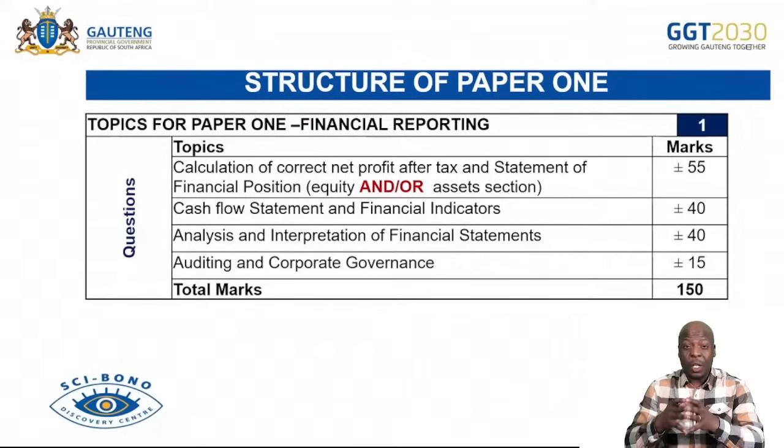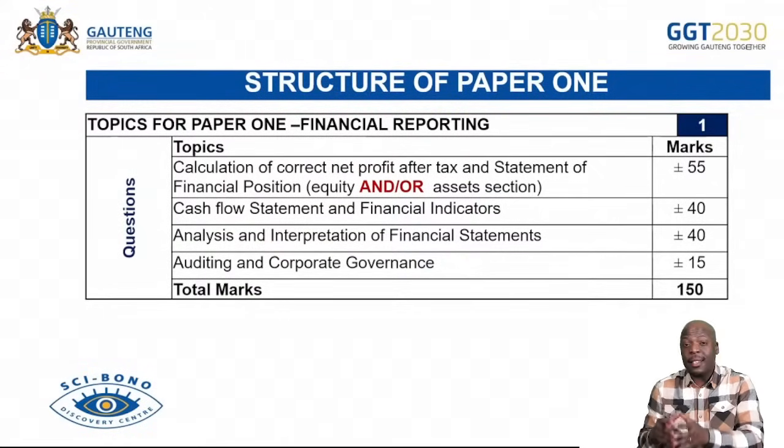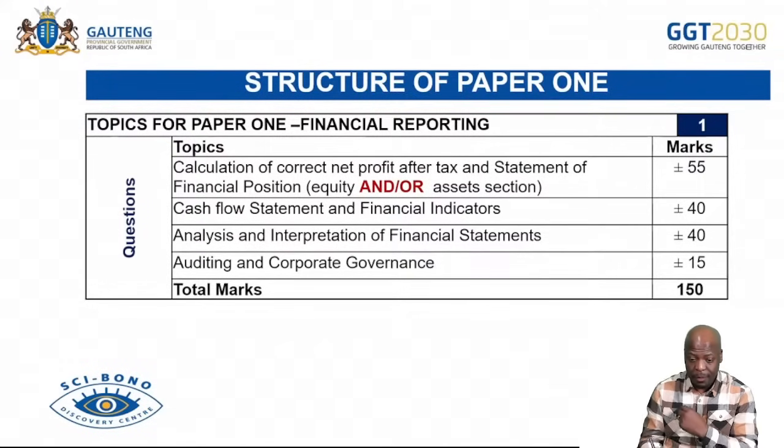When we talk of the structure of our paper one, you have to understand that there are certain topics which will be covered in paper one. In this case, we have several options in which our questions can be tested.